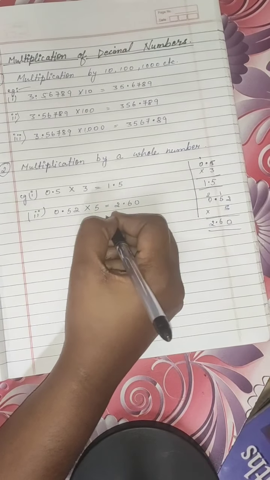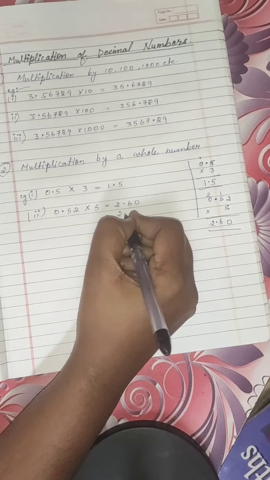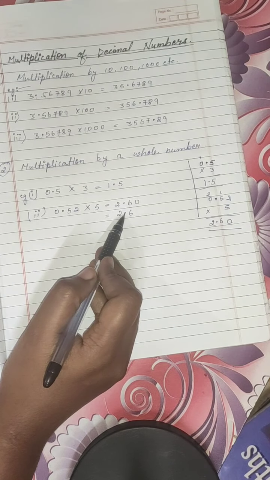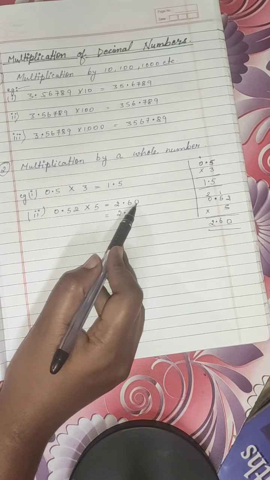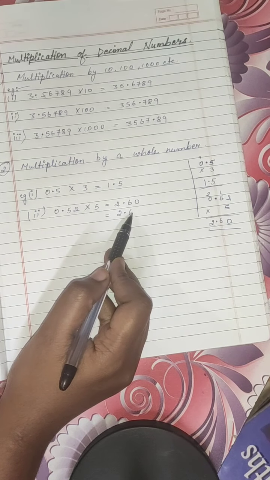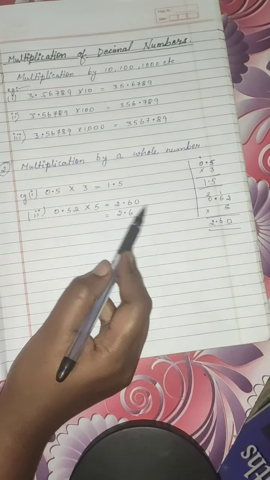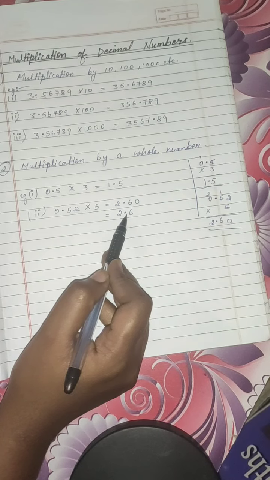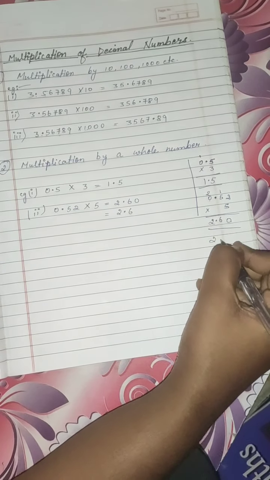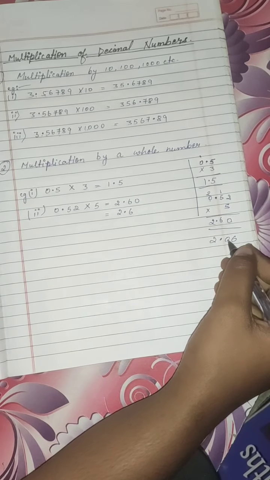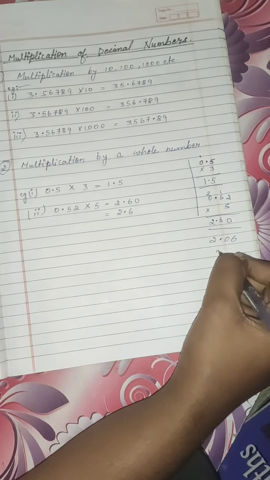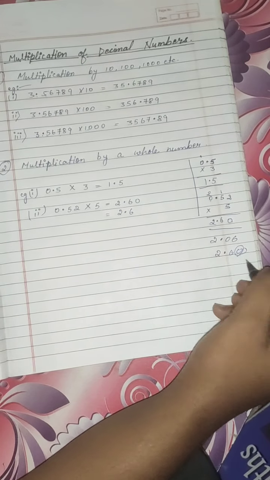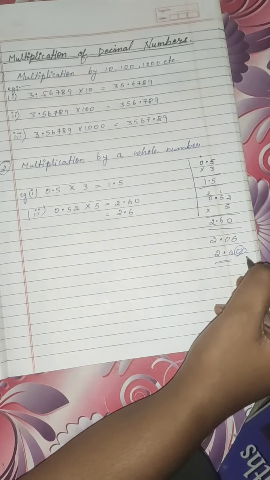Or you can write 2.6, because if a 0 comes at the end just after the digits, then you can leave it. But you have to see only the end, not in between. If it is 2.06, then you cannot remove this 0, but since it is 2.60, you can remove this and write 2.6.